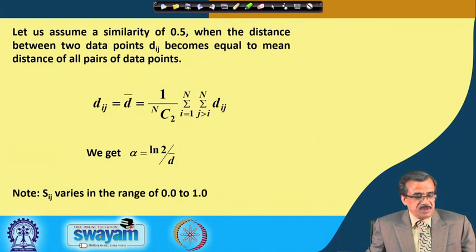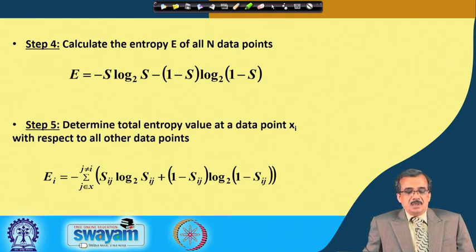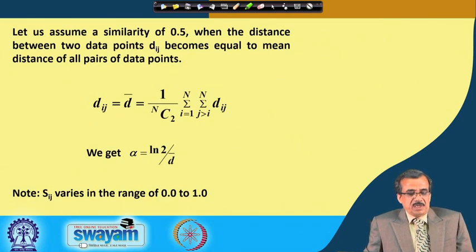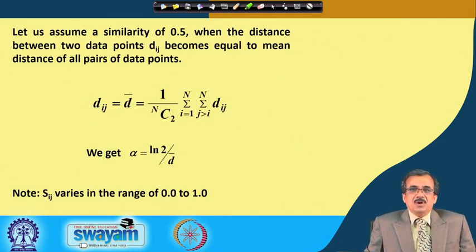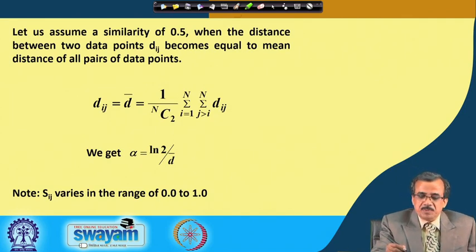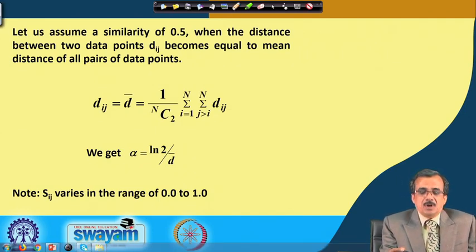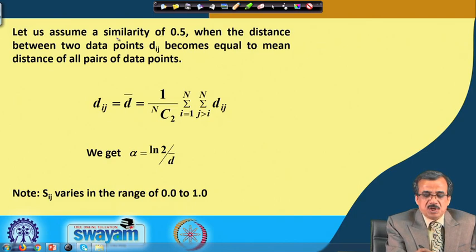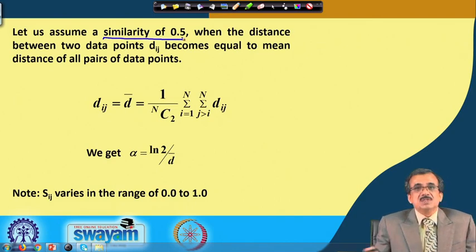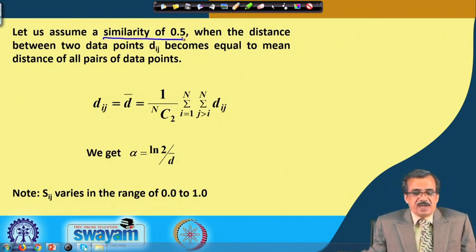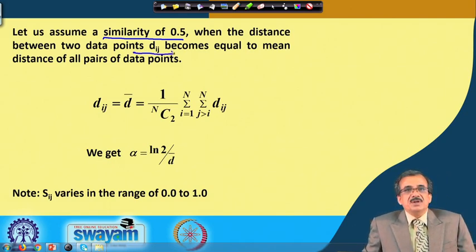That I am going to discuss. To determine the value of alpha, we assume a similarity of 0.05 when the distance between the two data points, that is d i j, becomes equal to the mean distance of all pairs of data points.